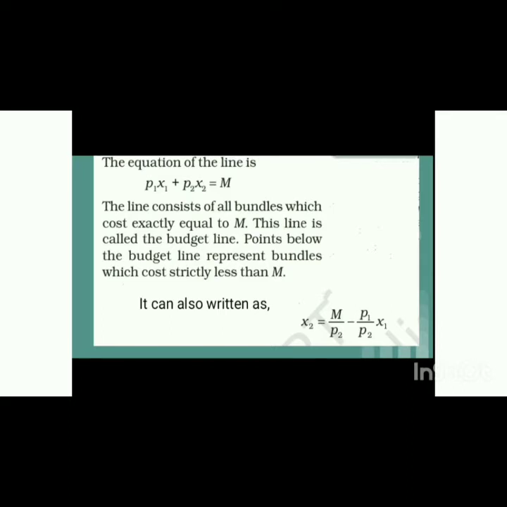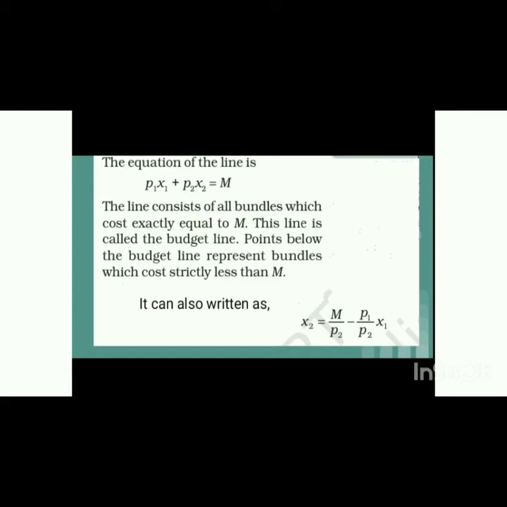P1x1 is known as the expenditure on good 1. P2x2 is the expenditure on good 2. Then the equation is P1x1 plus P2x2 equal to M. When we divide by P2, we get x2 equal to M by P2 minus P1 by P2 x1.